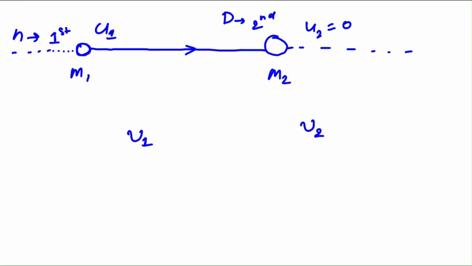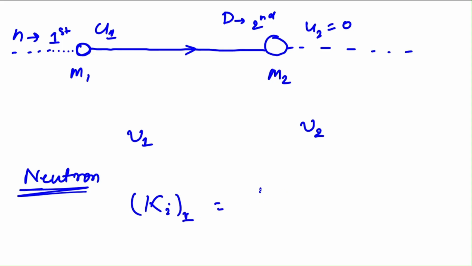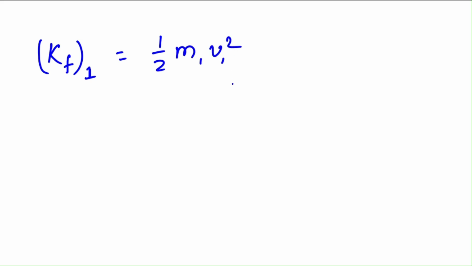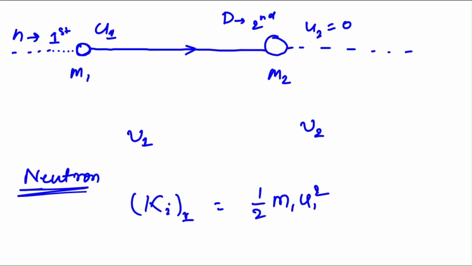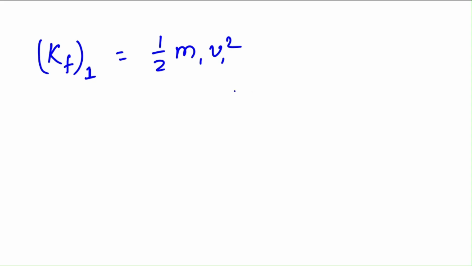The initial kinetic energy of the neutron, K initial, for the first body is 1/2 m1 u1 squared, and the final kinetic energy for this body is 1/2 m1 v1 squared. Now we can compare, since these contain similar terms, it will be easier to check their fractions.